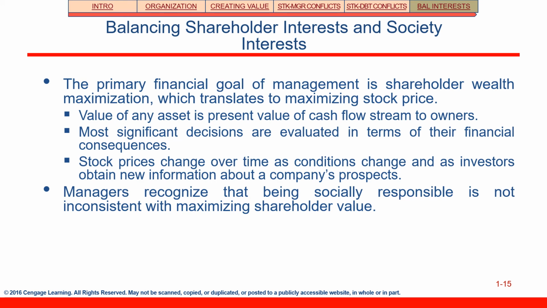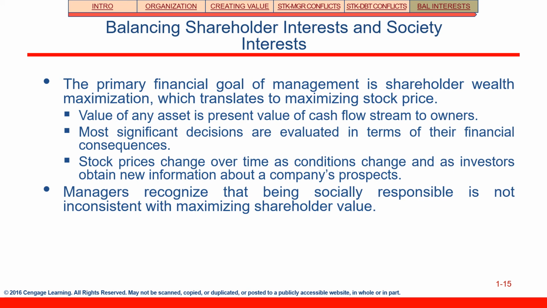So the management must balance the shareholder interest and, of course, the society interest. Managers recognize that being socially responsible is not inconsistent with maximizing shareholder value. Again, the goal of the management is to maximize the wealth of the shareholder.